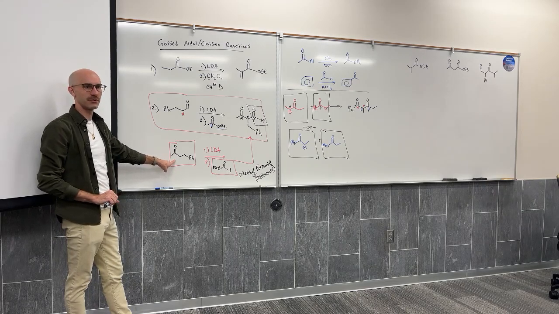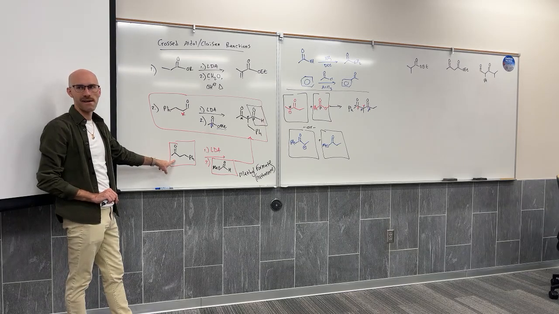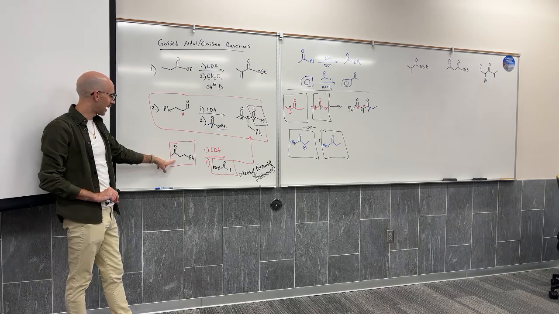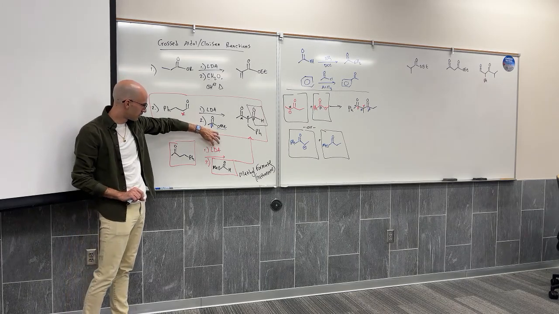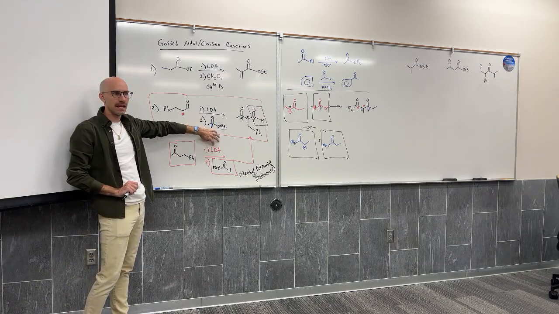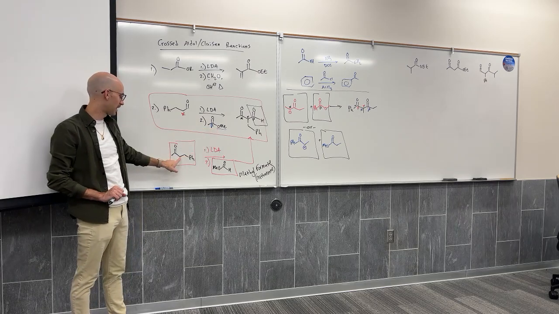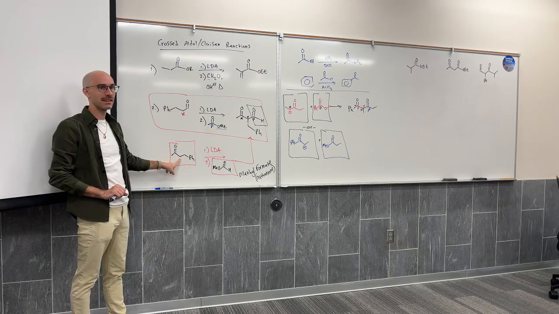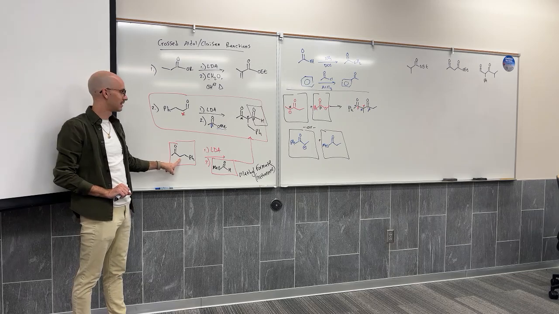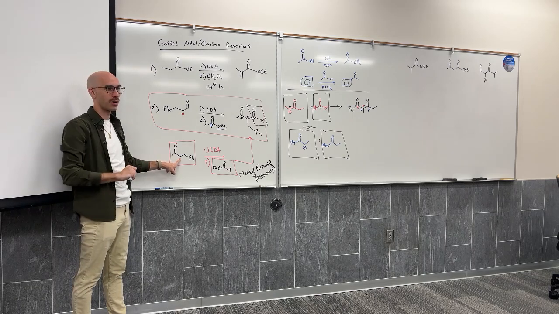There's an issue actually with my synthesis, with this predicted synthesis. It's not the number of carbons. It actually has more to do with the base. LDA is our kinetic base, which means it's not going to deprotonate here to make this product.